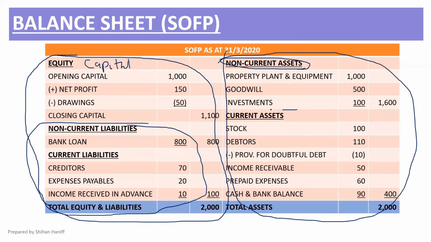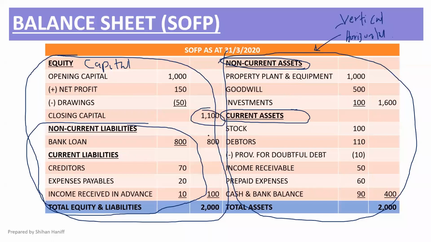It has non-current assets and current assets. So this can be presented in two ways. One is vertical format, other one is horizontal format. Now here I have given the horizontal format. Later I will explain the vertical format as well. And so this is horizontal format.